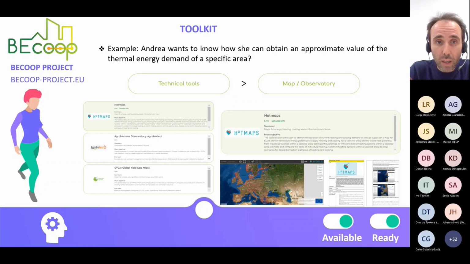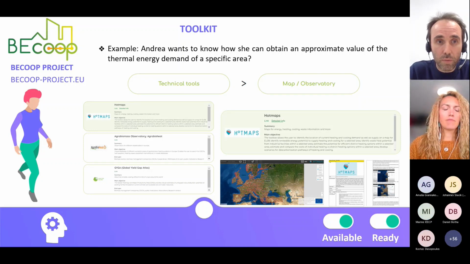Here you will always have the link of the tool, and in some cases, where we have considered that the tool could provide a more useful insight, we have developed a short guideline in which we explain the output that you can obtain and how to use this tool. Also, you can find the main objective of each tool, and also the specific user of the tool. So that's all, mainly.